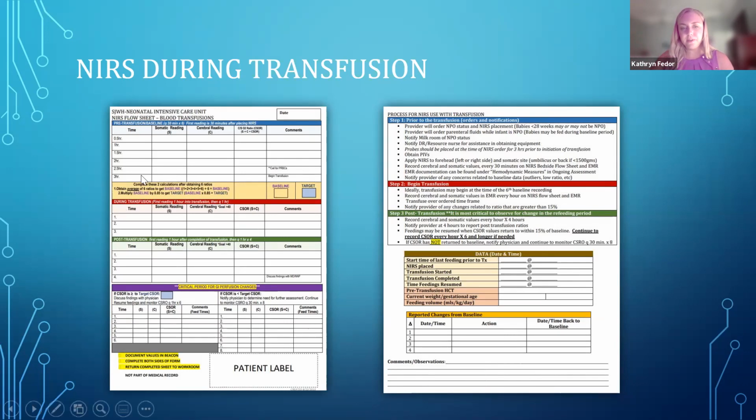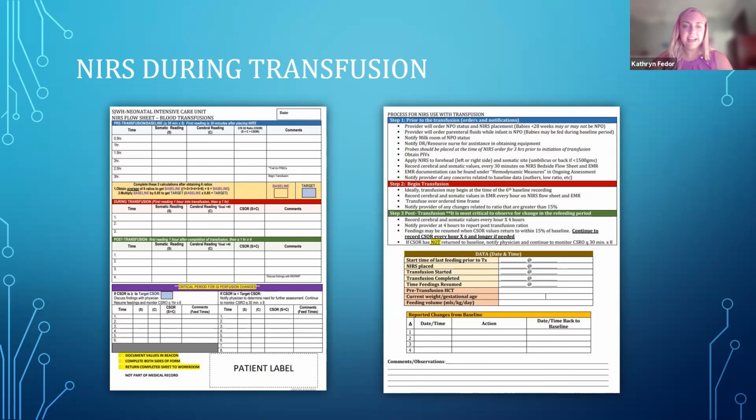At the end of the 3 hours, we would begin the transfusion, and we calculated all of the ratios and gained an average. This became our goal for the baby, to return to this average or baseline after transfusion. This set the tone for the baby's future plans for returning to feedings.